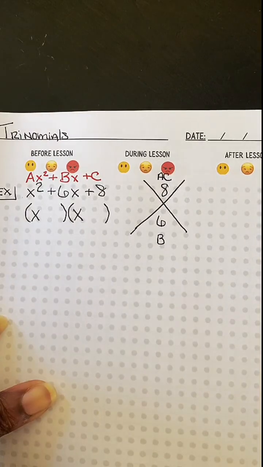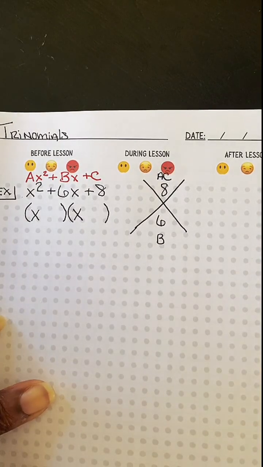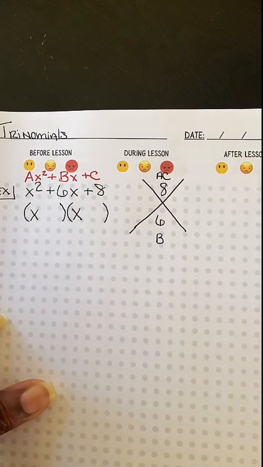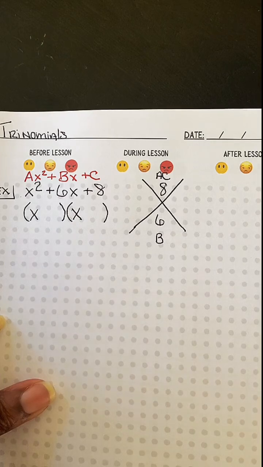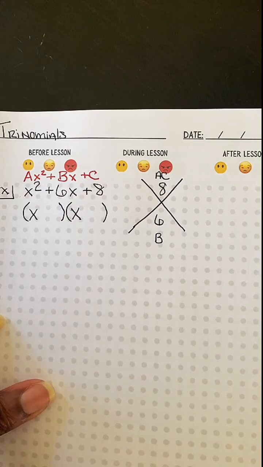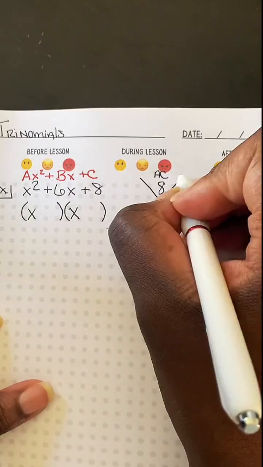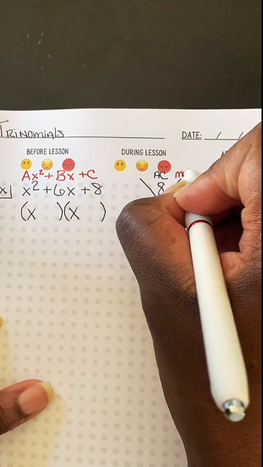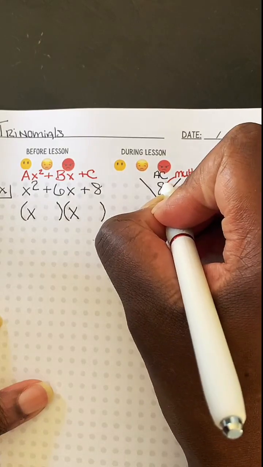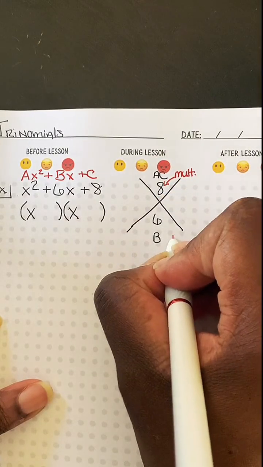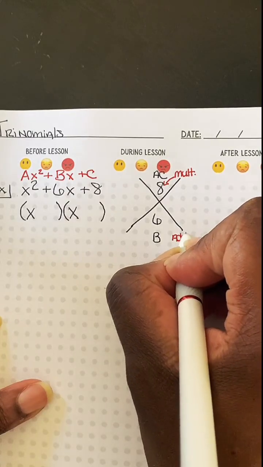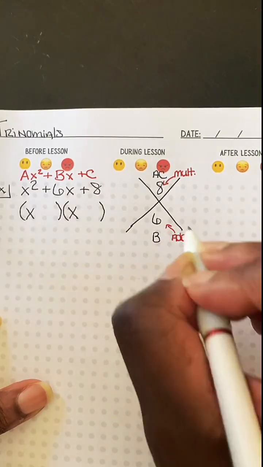Now, this is the hardest part. If you don't understand and fully grasp your multiplication table, this is what always gets you. So, we need to know what two numbers multiply to give me 8 and add to give me 6.